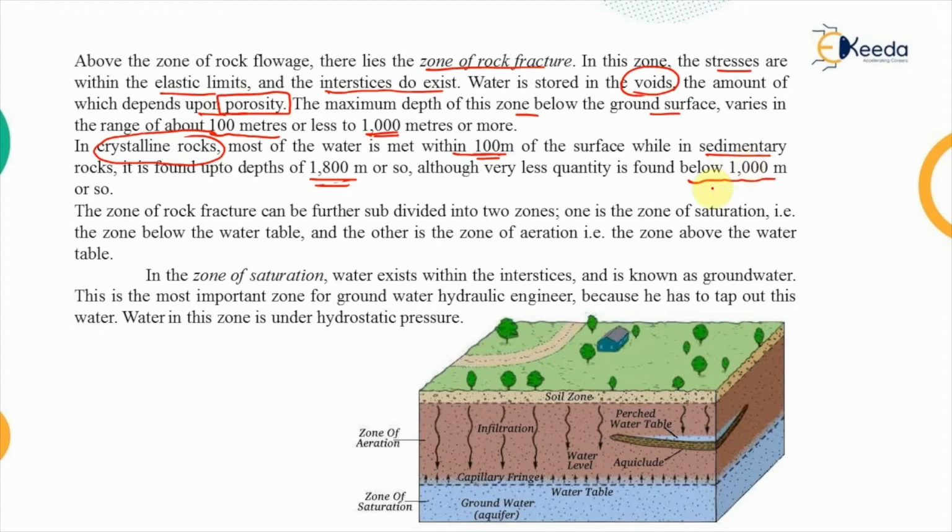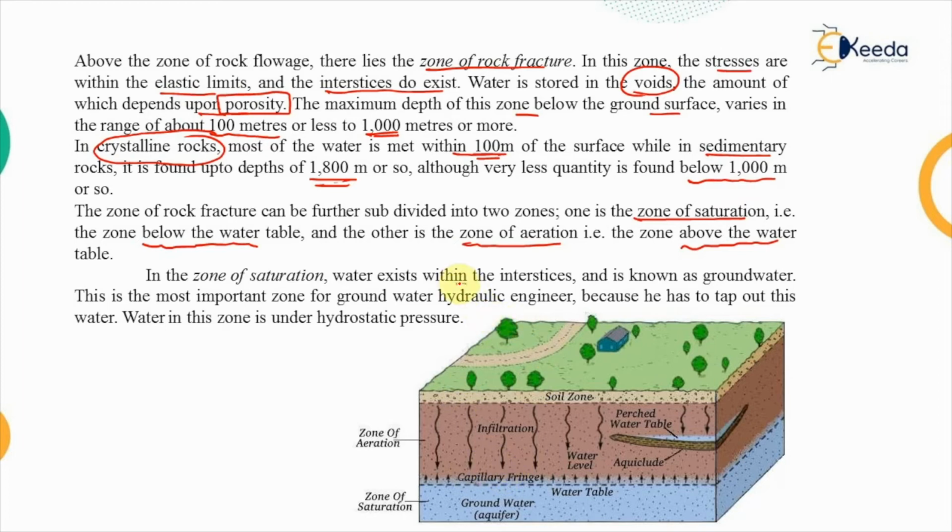So we have already seen that this zone of rock fracture is divided into the zone of saturation and the zone of aeration. The one below the water table is the zone of saturation, and the one above the water table is the zone of aeration. Now in the zone of saturation, the water exists within the interstices.